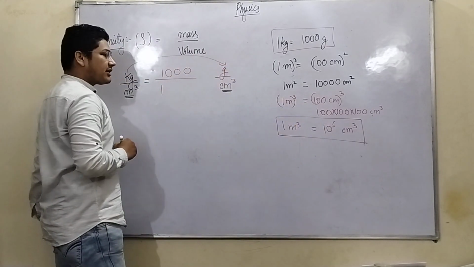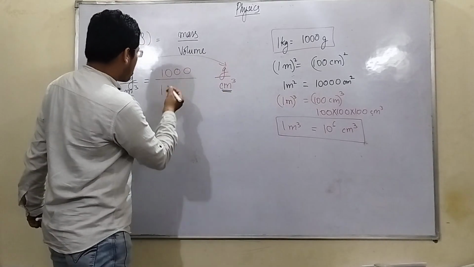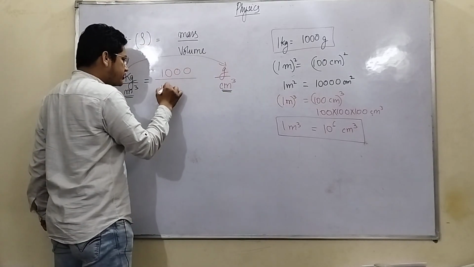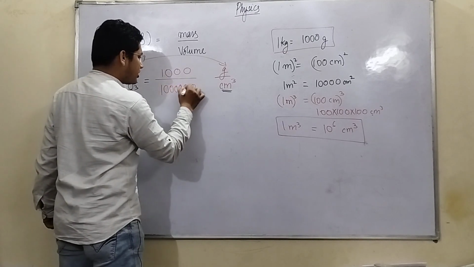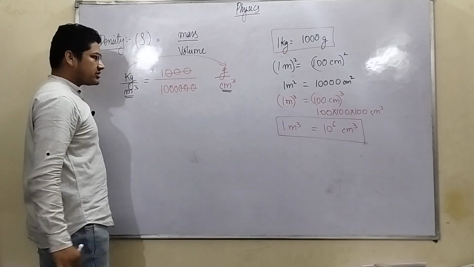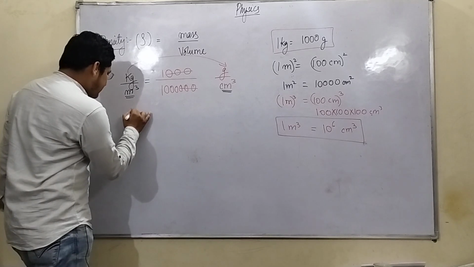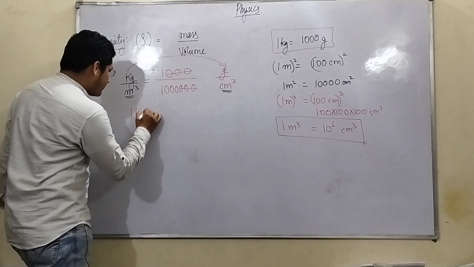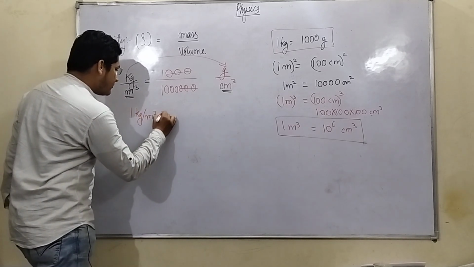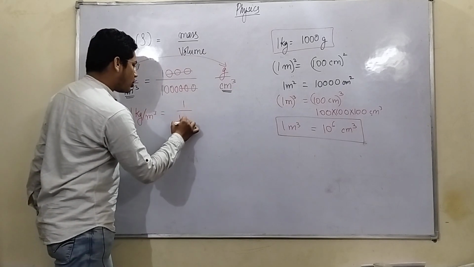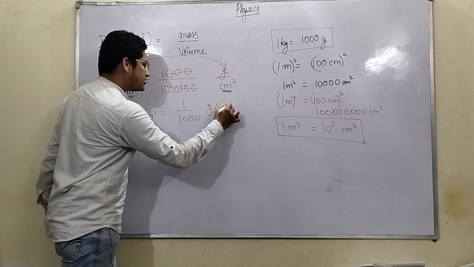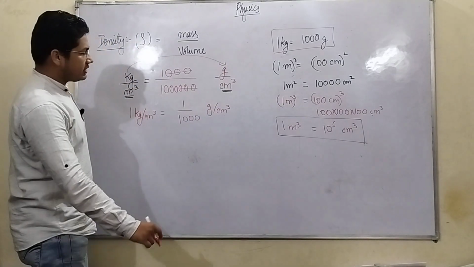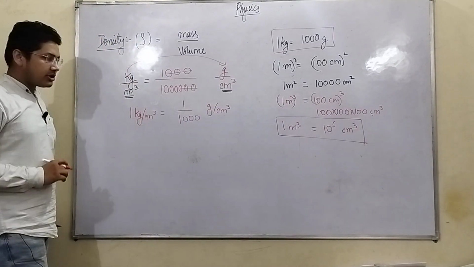We have to multiply it by 10 raised to power 6, or I can write 6 zeros. 1, 2, 3, 4, 5, 6. 3 zeros will be cancelled out from this. It means that 1 kilogram per meter cube will be equal to 1 upon 1000 gram per centimeter cube or cubic centimeter. Any problem, beta?